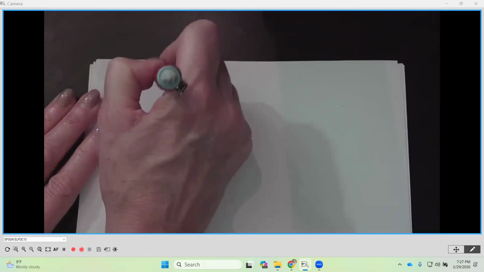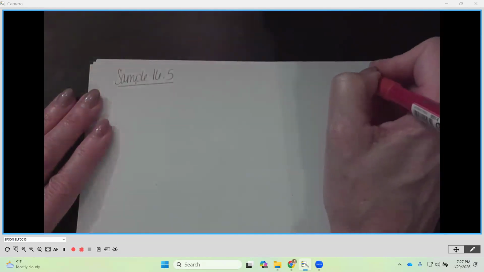So this is sample 16.5. I'm going to put our convention in our upper right-hand corner, and what we are given.